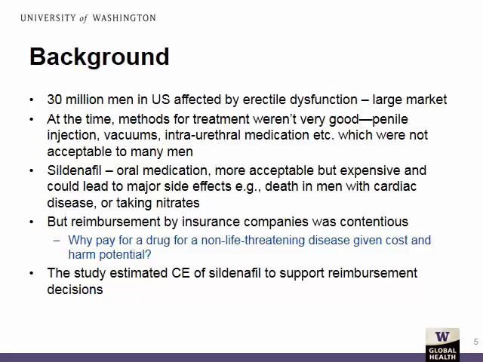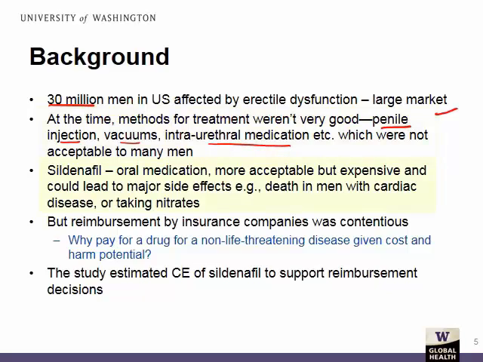The background to this study was that you have some 30 million American men who have erectile dysfunction, so it's a large market. And at the time, back in the late 1990s, before 2000, there weren't very good methods for erectile dysfunction. They included things like penile injection and vacuums and intraurethral medication, which weren't very acceptable to many men.